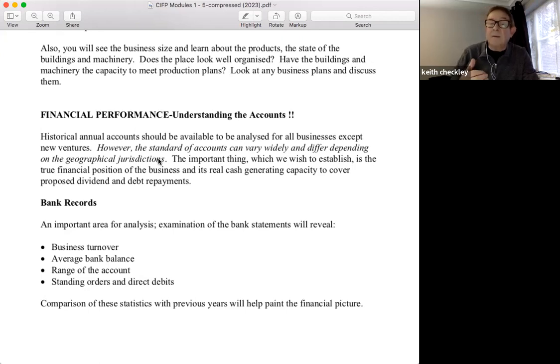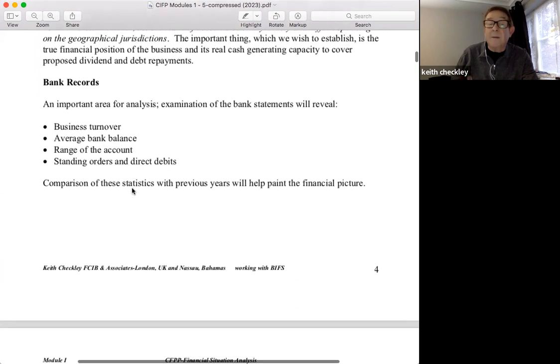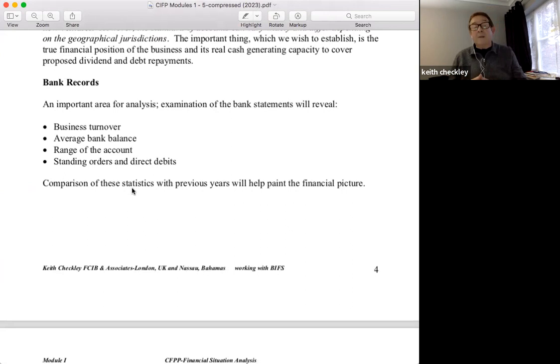So the important thing which we want to establish is what is the true financial position of the business and its real cash generating capacity to cover any proposed dividend and debt repayments. So what we'll be doing is starting with the accounts and then moving beyond those. So if we can get access to the bank statements, which if the client's banking with our institution, we'll be able to see the business turnover.